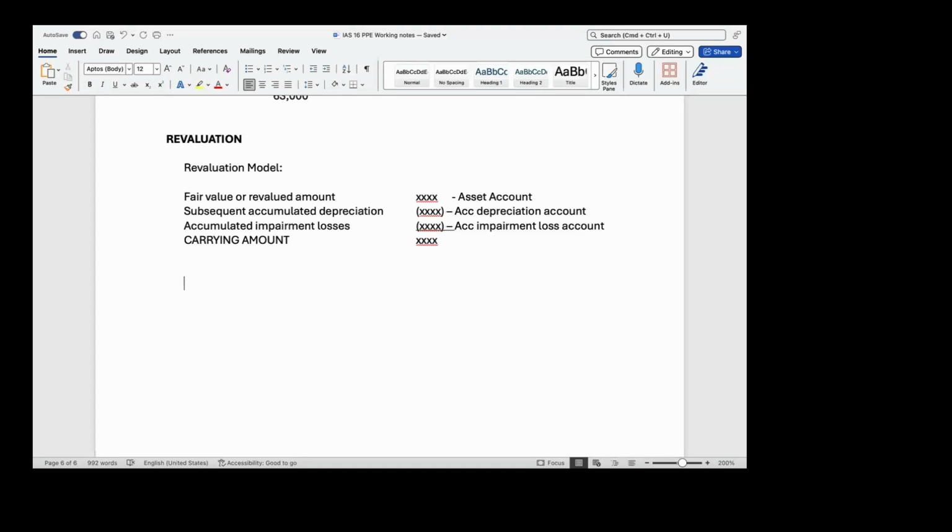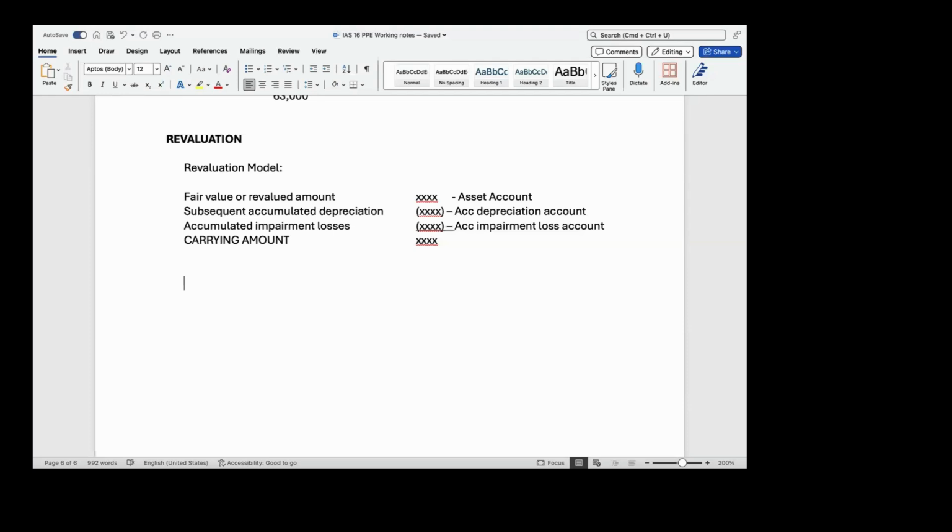You cannot use the revaluation model for one building and the cost model for another building. The choice of this model is on a class by class basis. So you can use the revaluation model for all your land and buildings while you use the cost model for your motor vehicles. That is fine, in as much as you're using the same model for all assets in the same class.